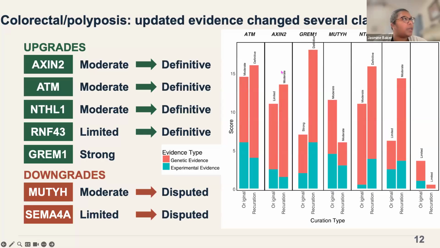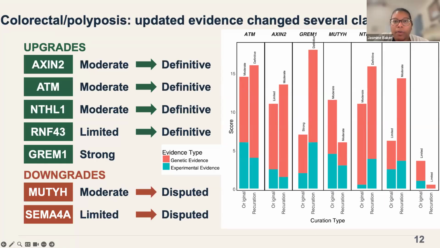So this particular curation was bumped up. So for ATM, we went from moderate to definitive. For NTHL1, from moderate to definitive, and so on and so on. But I do think it's important to also note that for our downgrades, we went from moderate to disputed and limited to disputed.